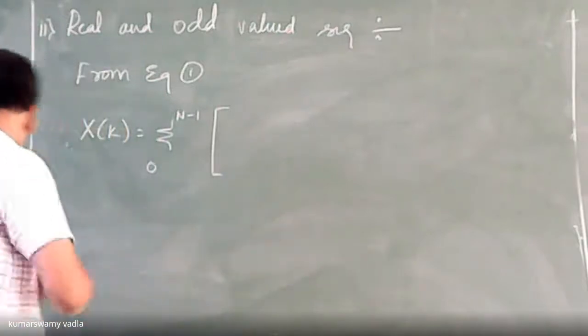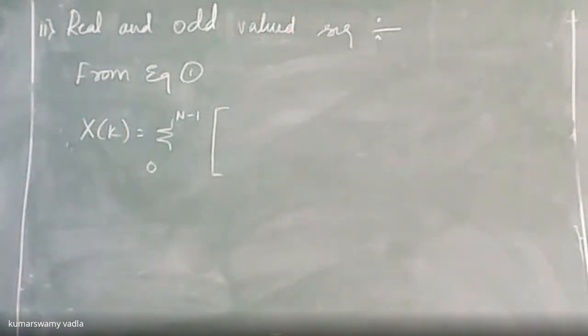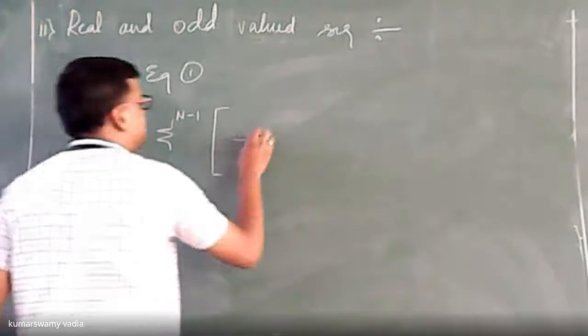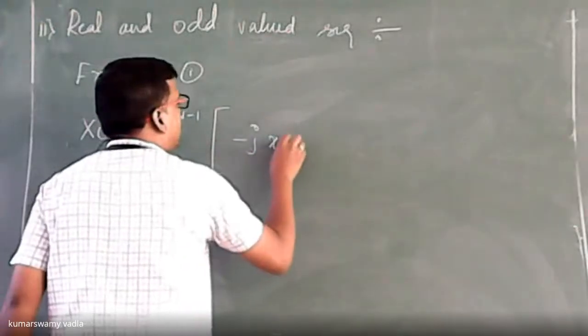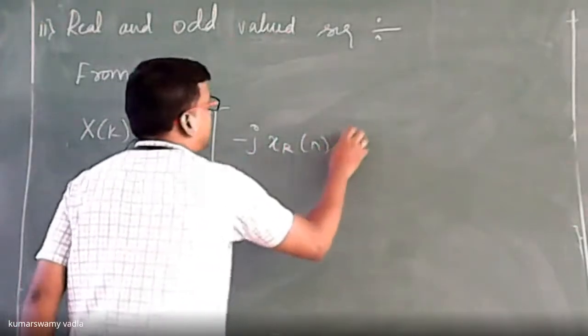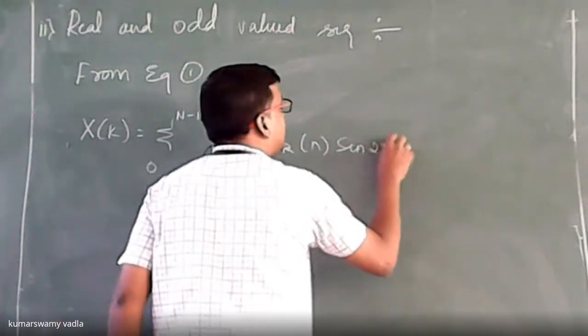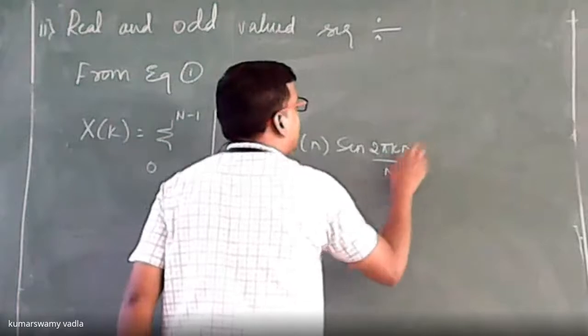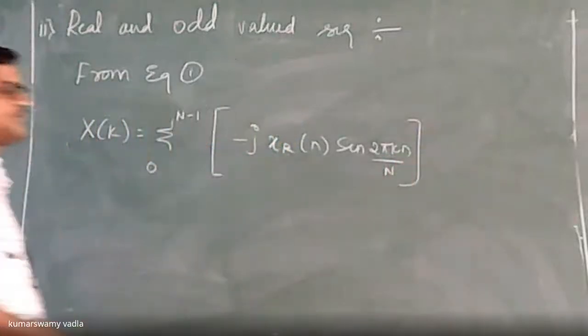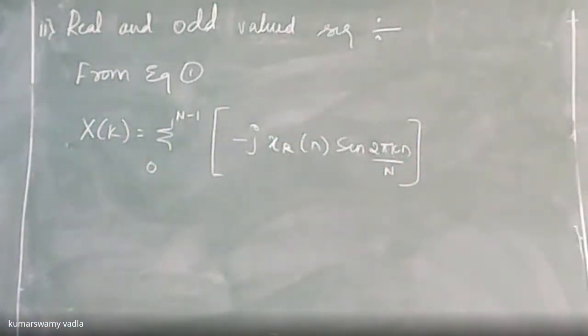What is second term? Minus j. Yeah, I should consider this, right? Minus j xr of n sine 2 pi k n divided by N. Yes or no, students? Yes, sir.